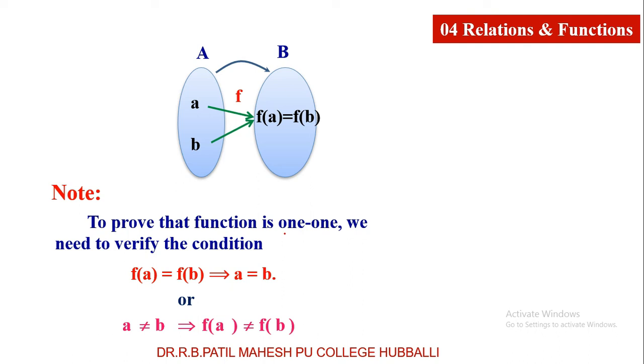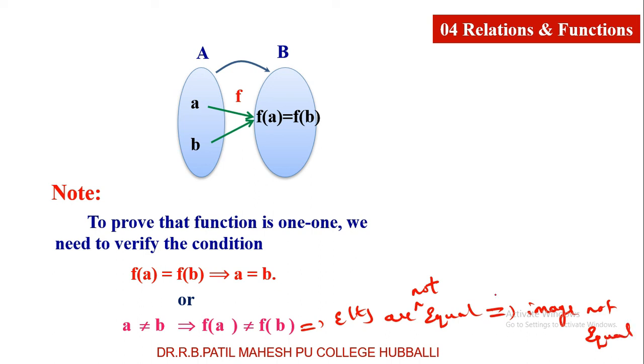This means that elements are not equal and images are also not equal. Elements are not equal implies images are also not equal. So this is also nothing but the function is 1-1.